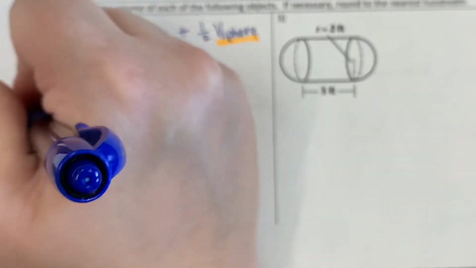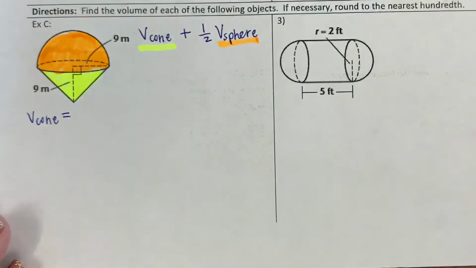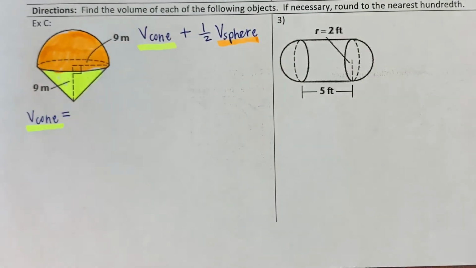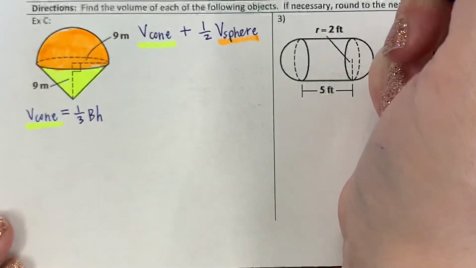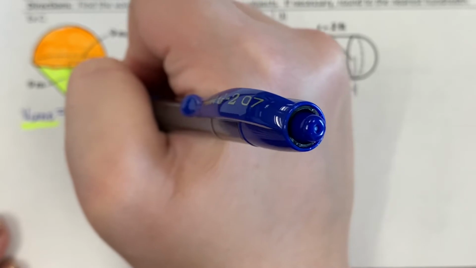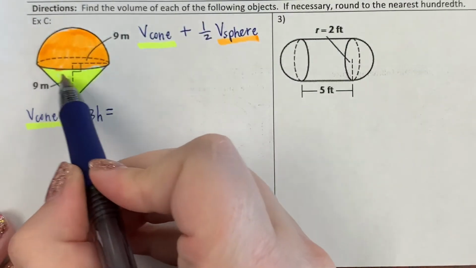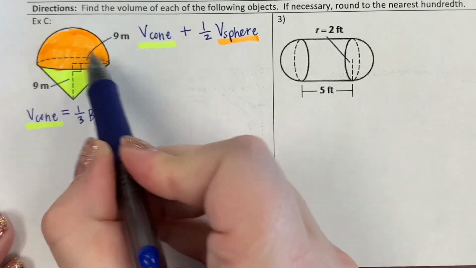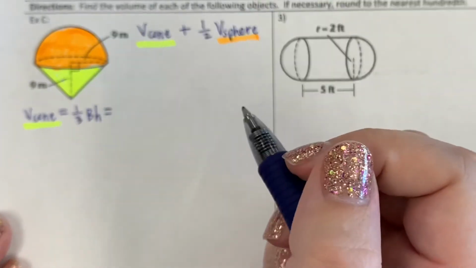So I'll say volume of the cone equals, and now we need to think way back to our formula for volume of a cone. And the formula we used was 1/3 base times height. And we could break that down a little bit more. Our base of the cone is a circle. And so when you're finding area of your base or area of your circle, you're doing pi r squared.